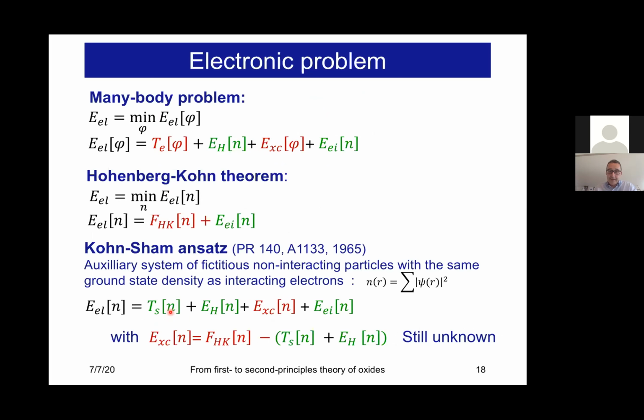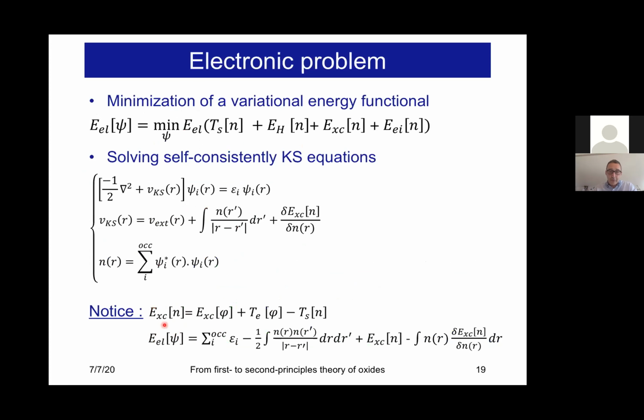So it means that in density functional theory, basically the exchange correlation energy is the many-body exchange correlation energy, but in which part of the kinetic energy has been transferred. So basically, I can only estimate the kinetic energy of the non-interacting particles, which is not necessarily the same as the real kinetic energy of the many-body particles. And so this small difference is globally included in the exchange correlation energy at the DFT level. So it's just a notice.